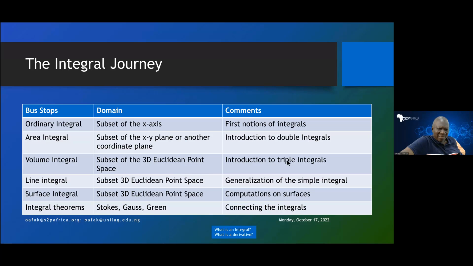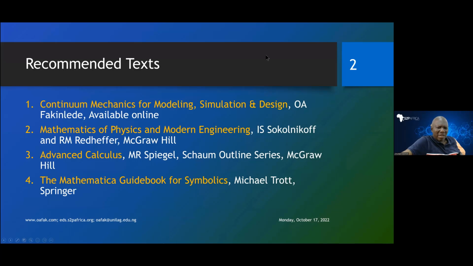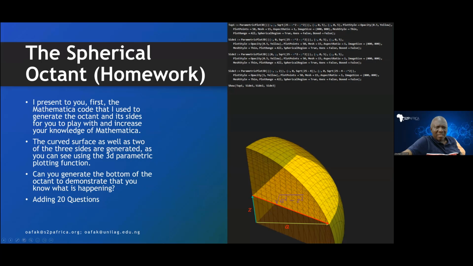The assignment is that if you look at this code here, if you look at the mathematical code on the second slide, the mathematical code on the second slide creates a domain for the first octant in a sphere. I want you to plot the second octant of that same sphere this way.